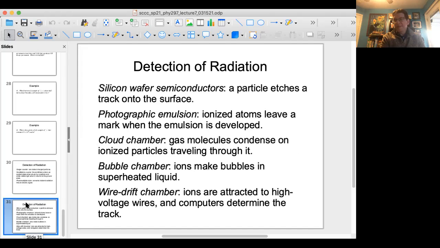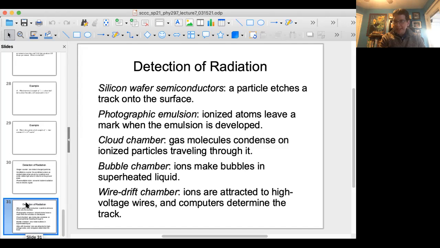More high-tech devices use more high-tech detectors. So you have a silicon wafer semiconductor where a particle etches a track onto the surface. A photographic emulsion, where ionized atoms leave a mark. In a cloud chamber, gas molecules condense on ionized particles when they travel through it.